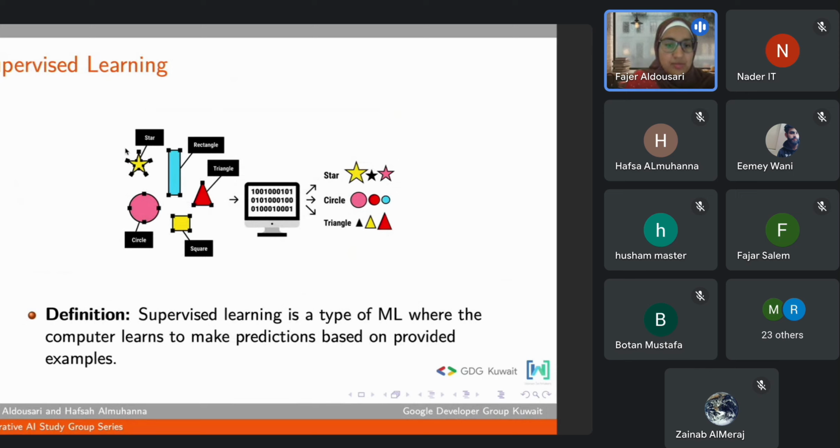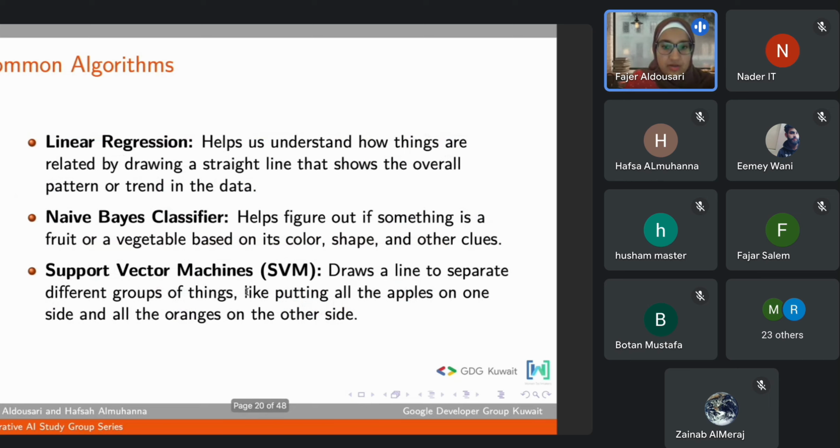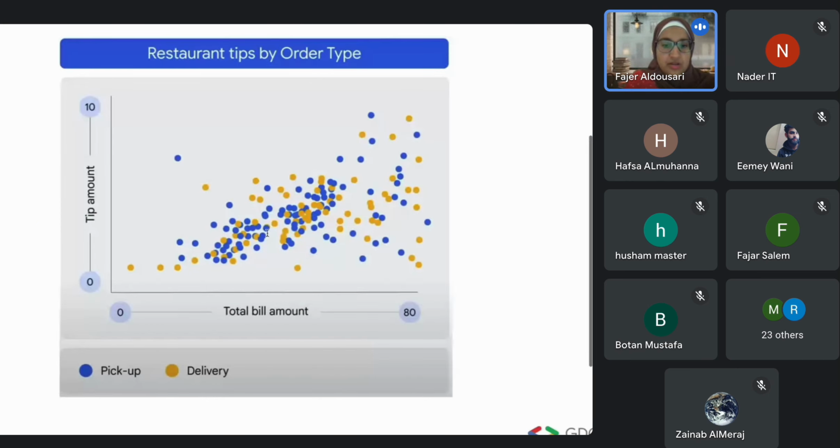As you can see, the shape of the star is accompanied by the label star. Going back to our example, it's labeled. We know which orders are pickup or delivery. That's the label in this case, whether an order is pickup or delivery.